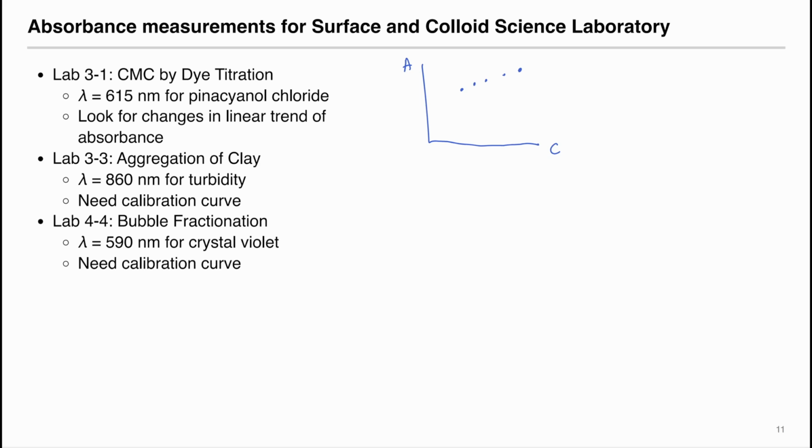However, at some critical concentration, we see that the change in absorbance with respect to the change in concentration changes. When we fit linear lines through them, the intersection of the two linear lines is the critical micelle concentration. In this case, we do not need a calibration curve, we're just looking at where the trend changes. We're specifically looking at the wavelength of 615 for phenol cyanyl chloride.